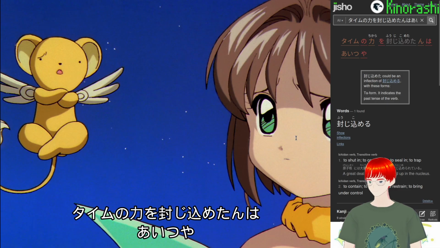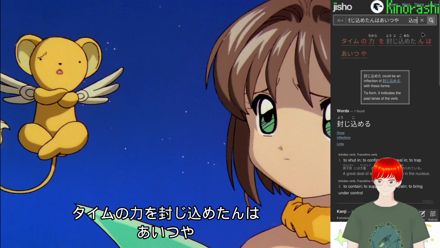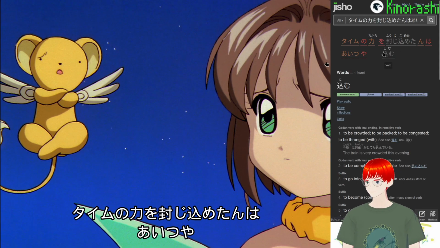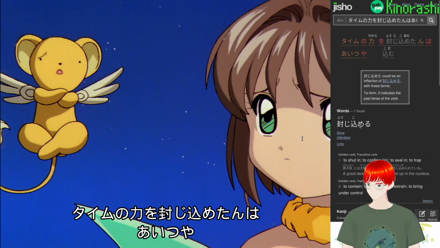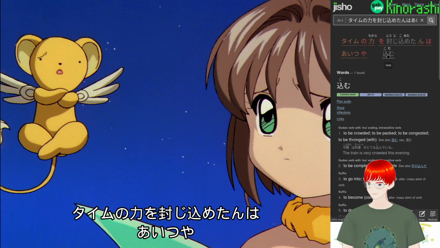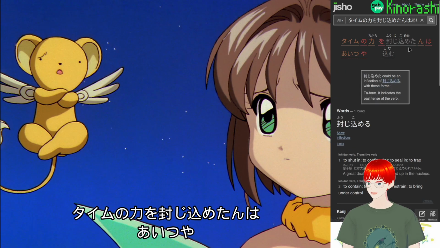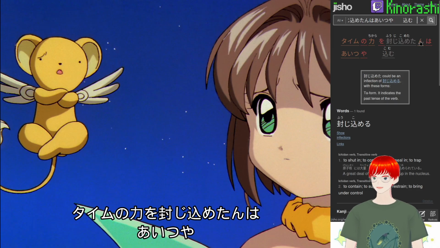Let's see. So the original noun komu. Yes, but this is kome, so. Oh, let's see. Komu is considered intransitive. So komeru is transitive? Komeru.